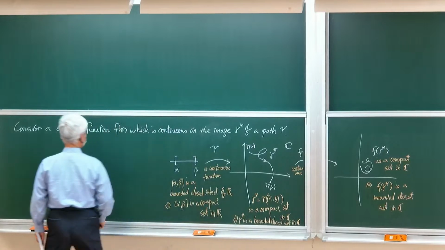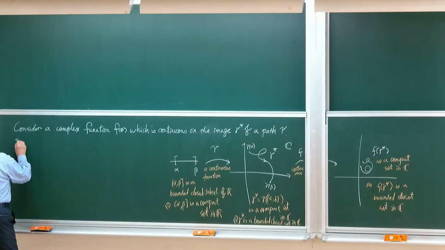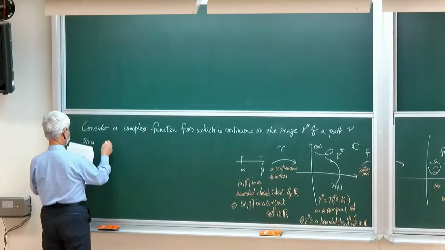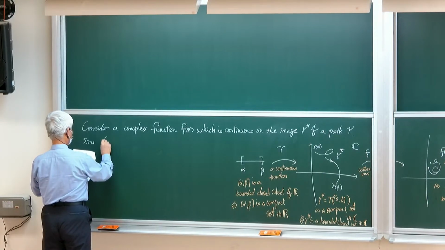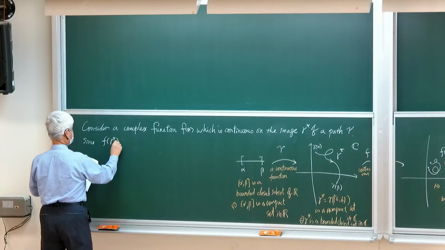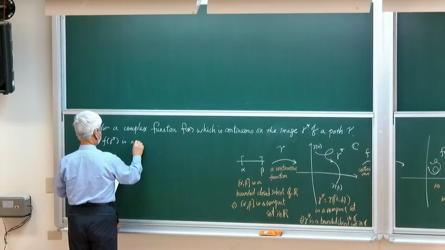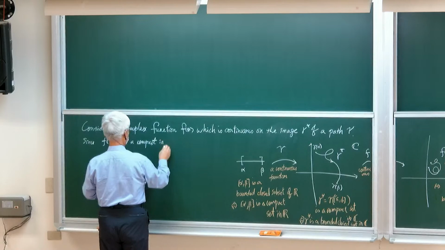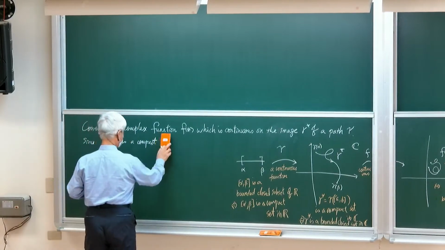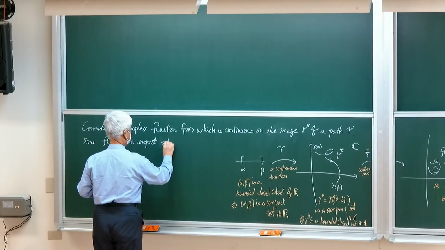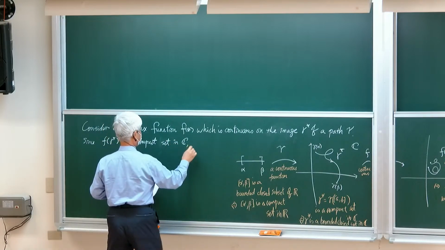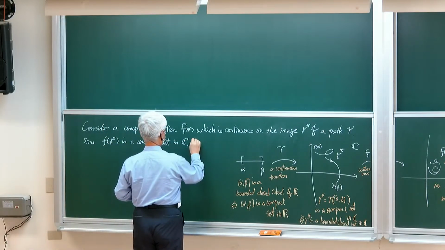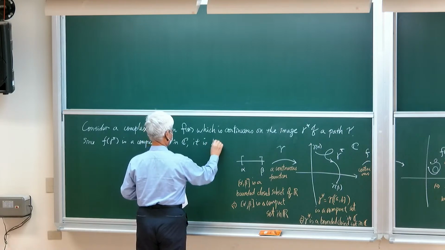All right, so since f of gamma star is a compact set in C, it is bounded.